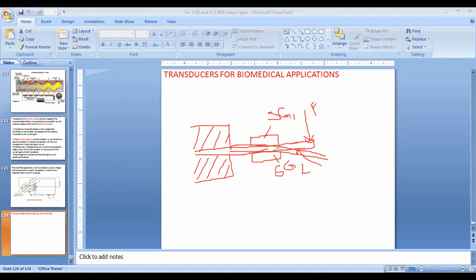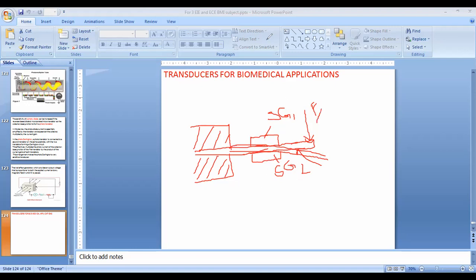The strain will be applied on strain gauge 2, and the stress will be released in strain gauge 1. The output of these two strain gauges will be considered, and that corresponds to the amount of force we applied. Like this we can measure the amount of force which is applied. This is the force measurement.